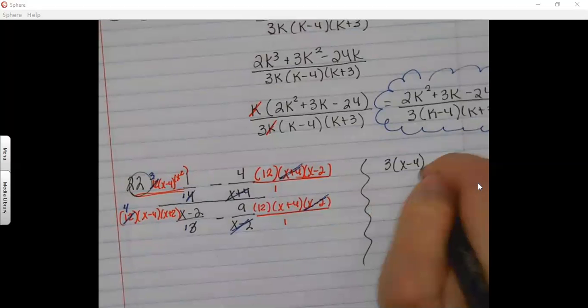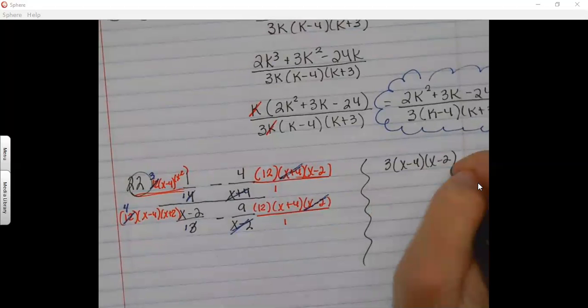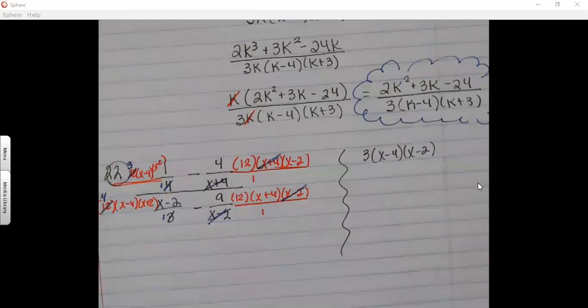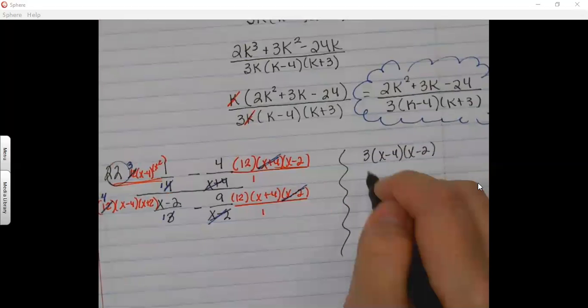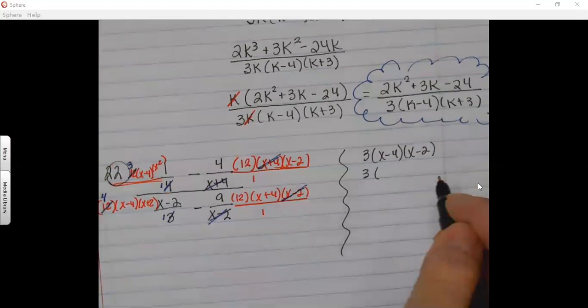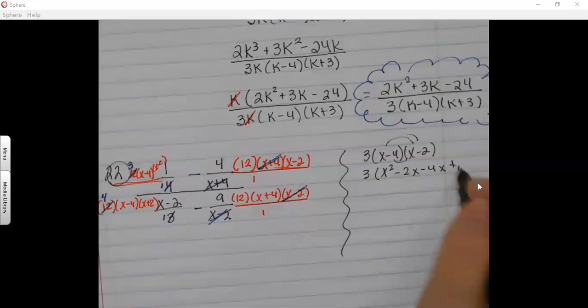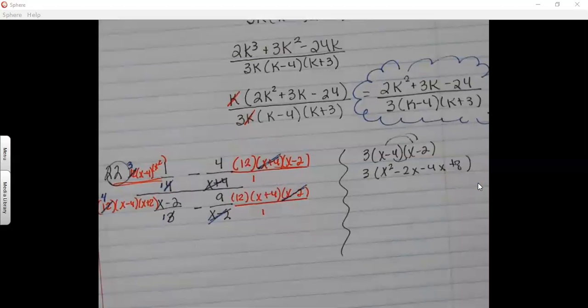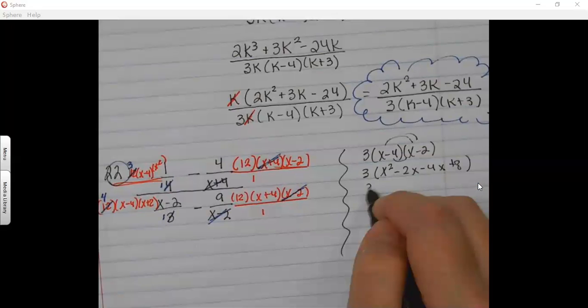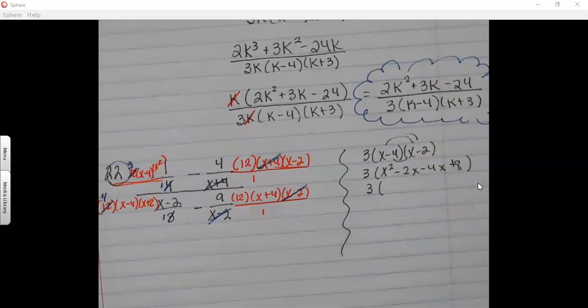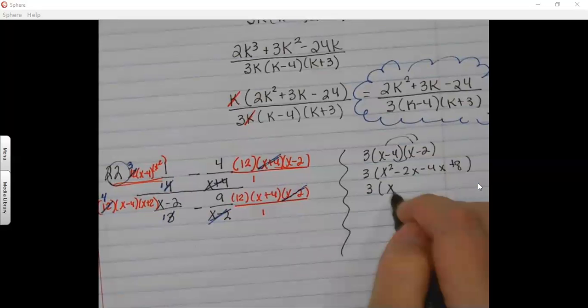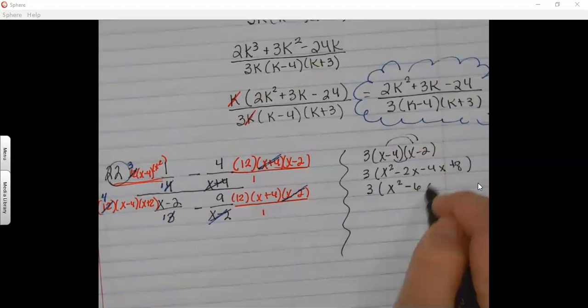Don't distribute the 3, distribute your binomials first. So that's 3 times x squared minus 2x minus 4x plus 8, which is 3 times x squared minus 6x plus 8, combining like terms, right?